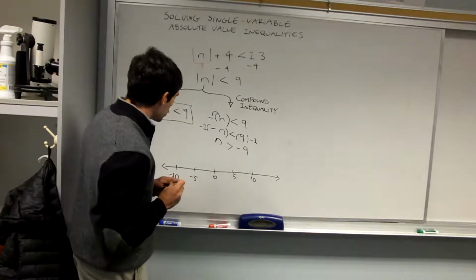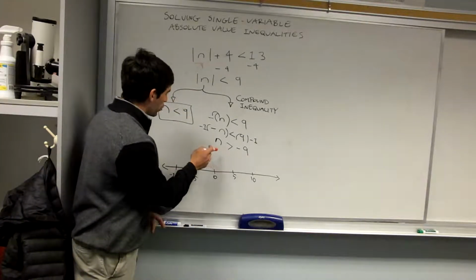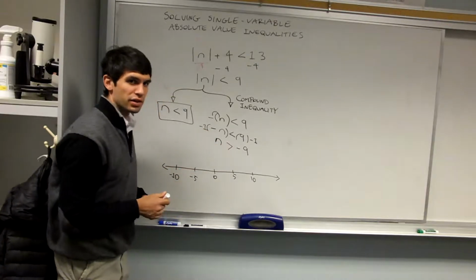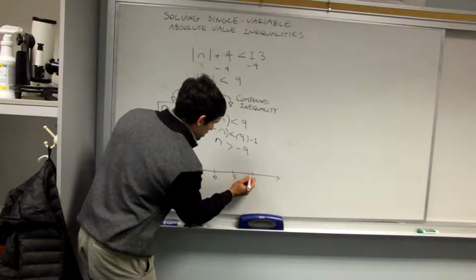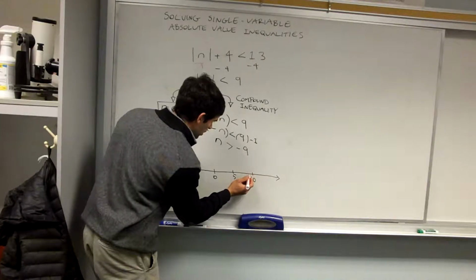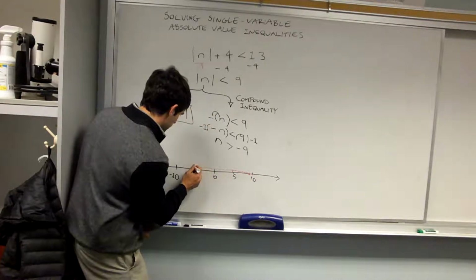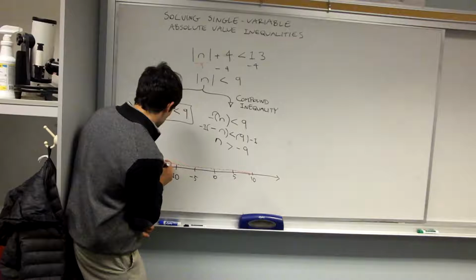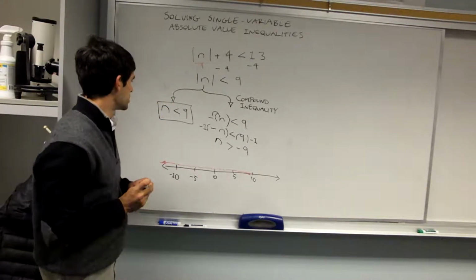And we're going to want to graph both of these on the number line. So you have n is less than 9. So we can plot 9 right over here, and we'll shade like that. So that would be n is less than 9.